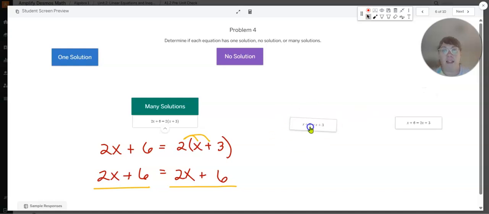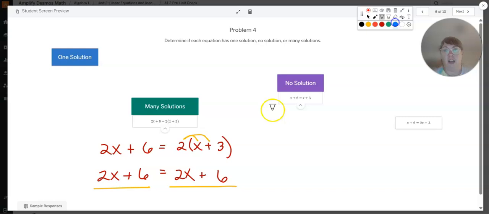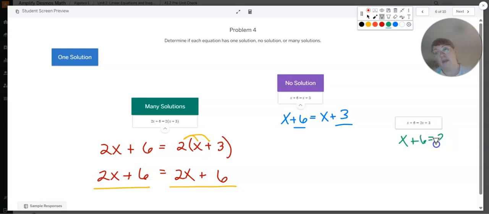This one, x plus 6 equals x plus 3, is an example of no solution, because we cannot have an x and add 6 to it and then also add 3 to it and have it be the same on both sides. It won't work. And then finally, over on the right, x plus 6 equals 2x plus 3.